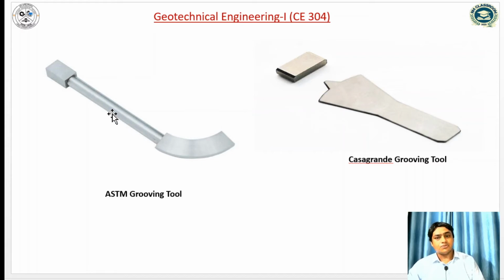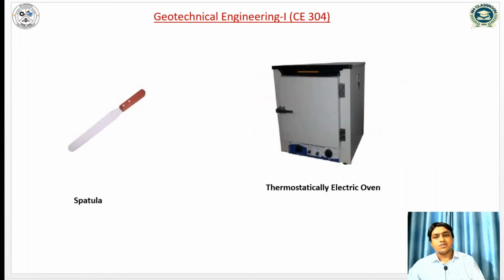In the ASTM tool, the bottom width is 2 mm, the top width is 13.6 mm, and the depth is 10 mm. Similarly, this is the spatula and the thermostatically controlled electric oven.